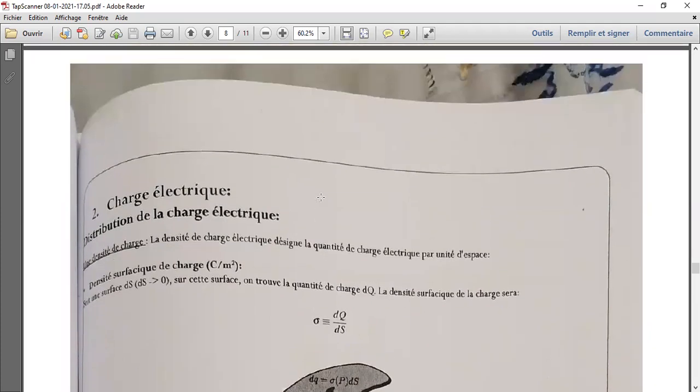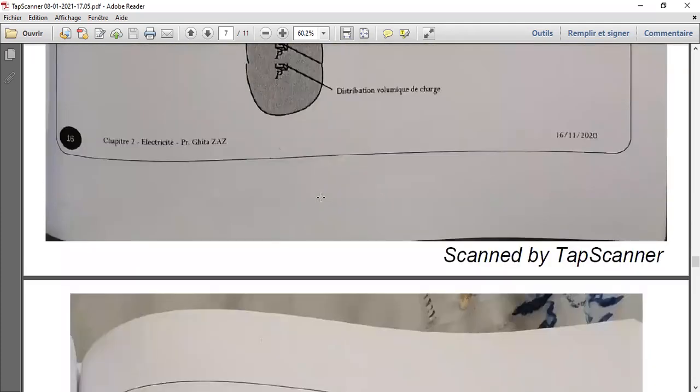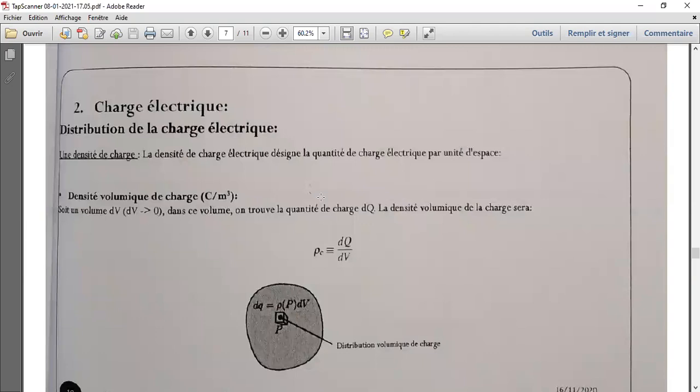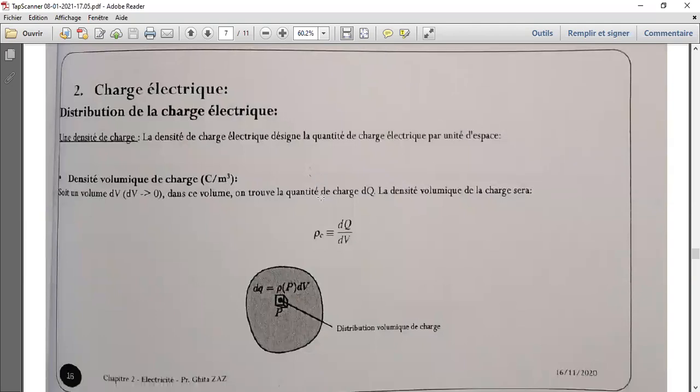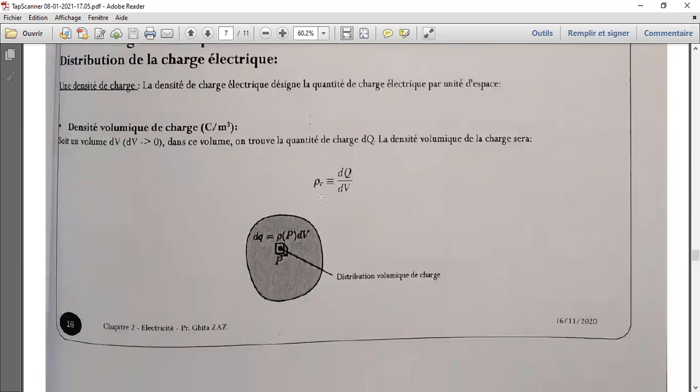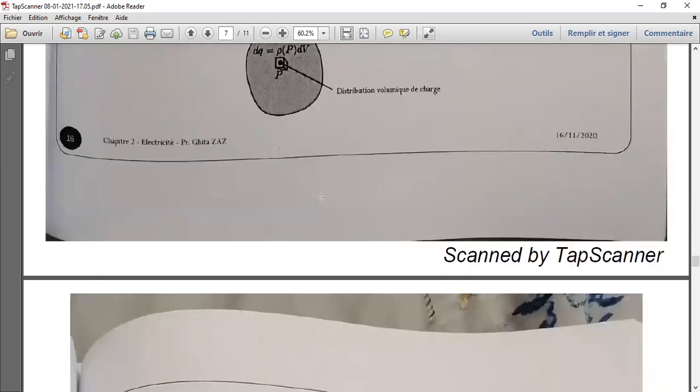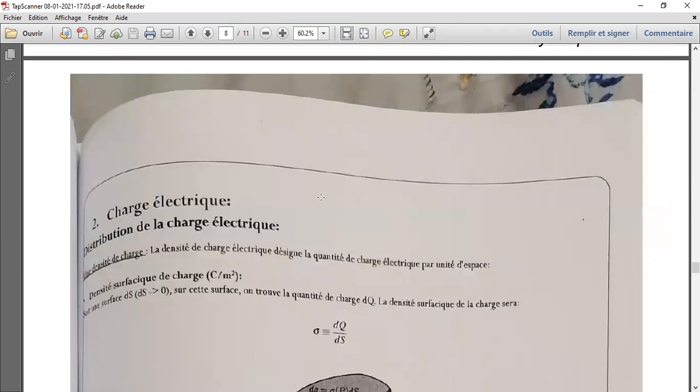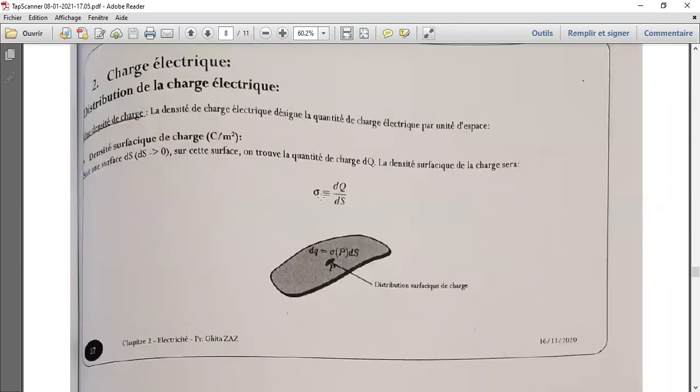Then for volume it is dq over dv. The only difference is the denominator. The numerator is always dq; for surfacic the denominator is ds.